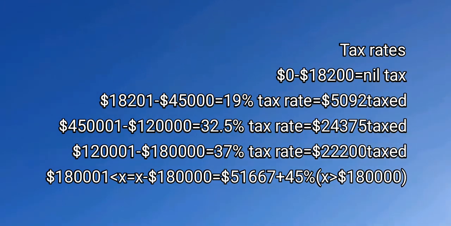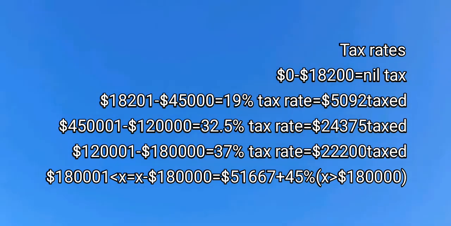So in this case, you don't pay any tax when your income is 18,200. The 19% tax, the amount of tax that you will need to pay is $5,092. The 32.5%, the total tax to pay is about $24,375. The 37% tax, the amount maxes out to $22,200.